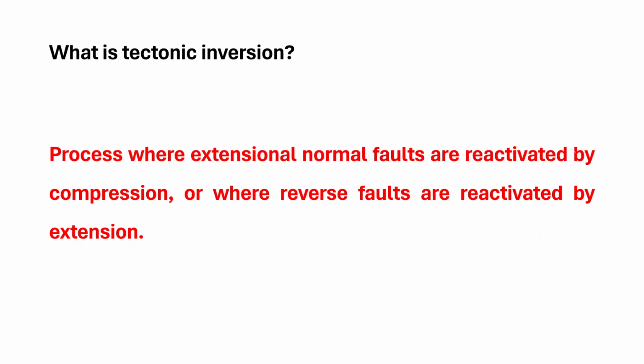The only thing you have to keep in mind is that generally, normal faults are associated with extensional forces and reverse faults are associated with compressional forces. So in tectonic inversion, extensional normal faults are reactivated by compression and compressional reverse faults are reactivated by extension. That is known as tectonic inversion.